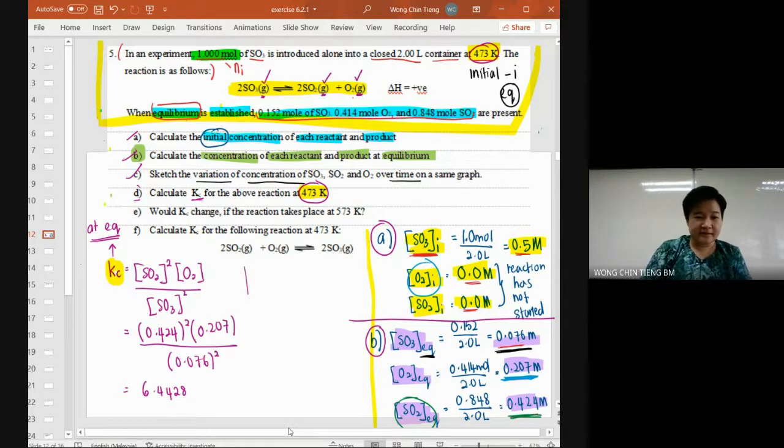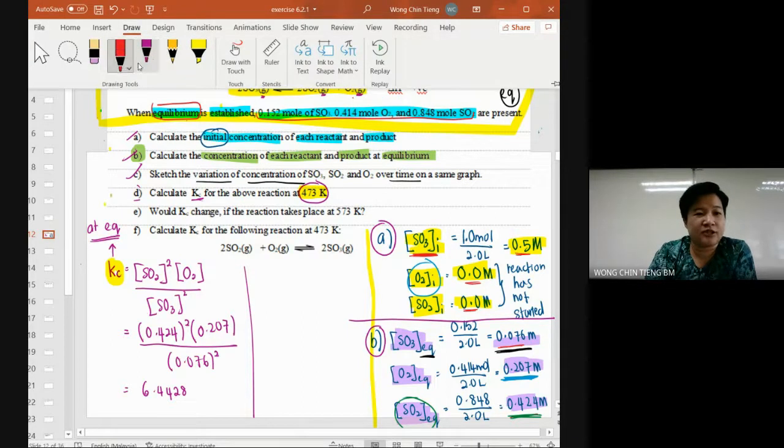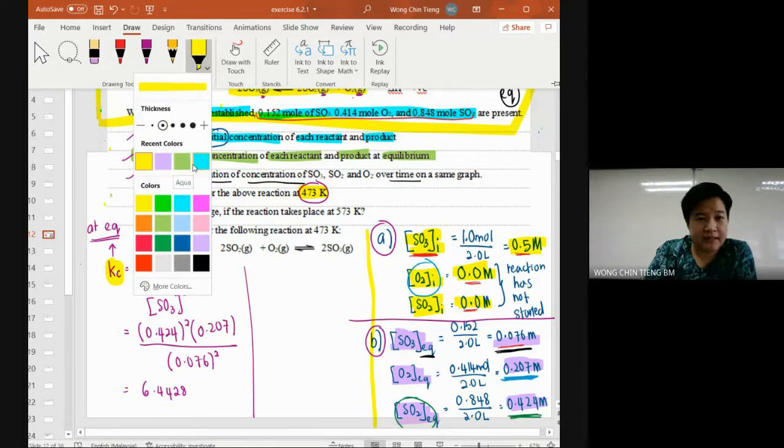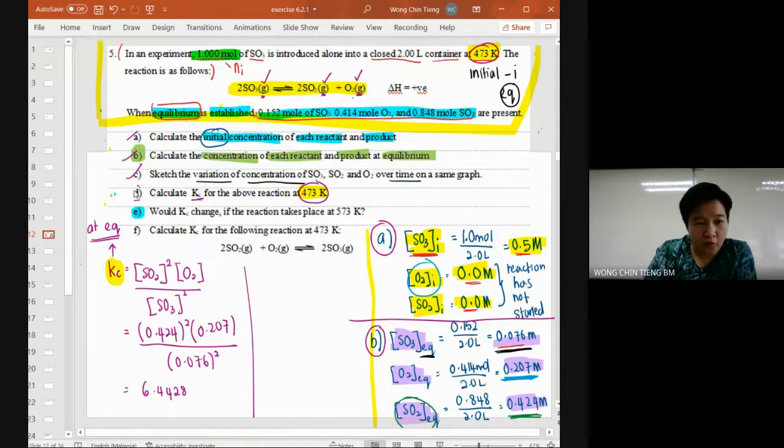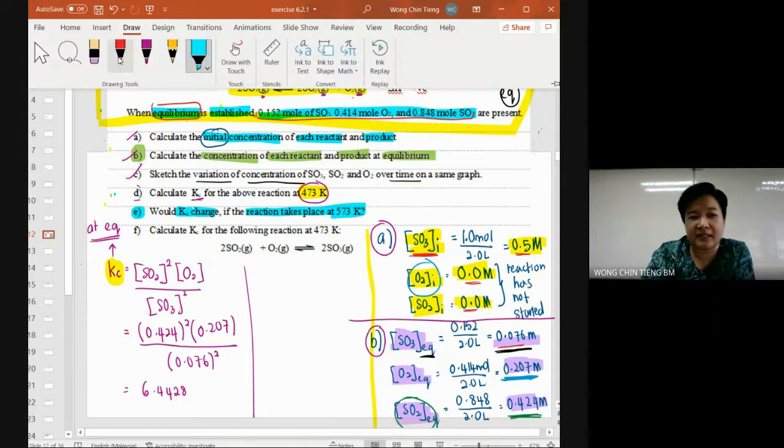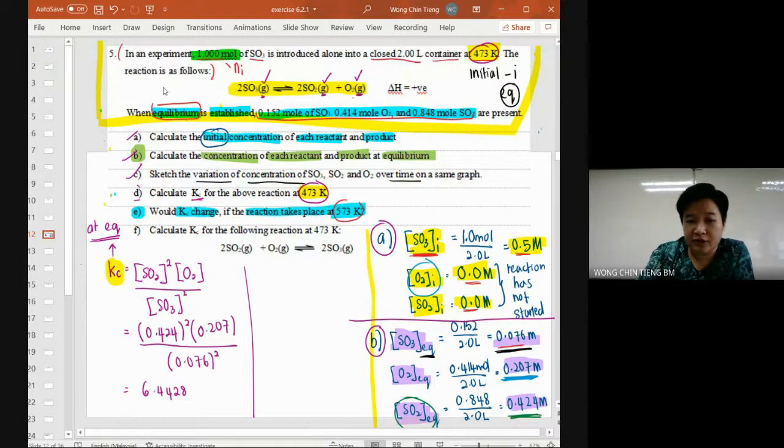Next. Saya tak nak padam dulu, bagi kamu tengok dulu. Next. The question still asking for Kc. Tapi soalan tanya satu benda je. Would Kc change if the reaction take place at 573? Yang ni sekarang jadi isu. My temperature initially is 473.